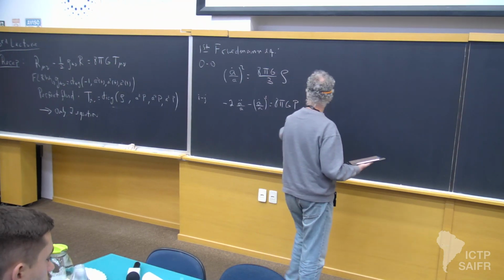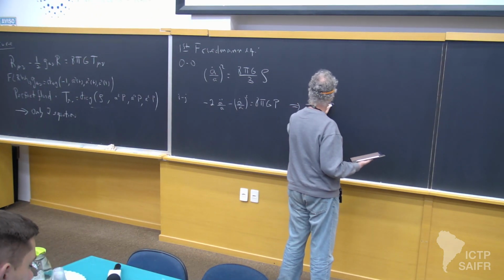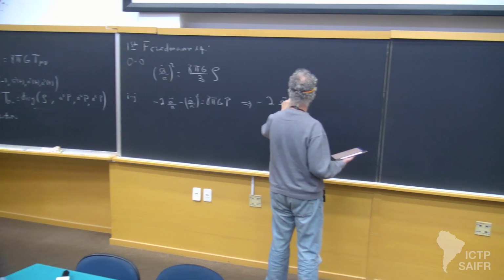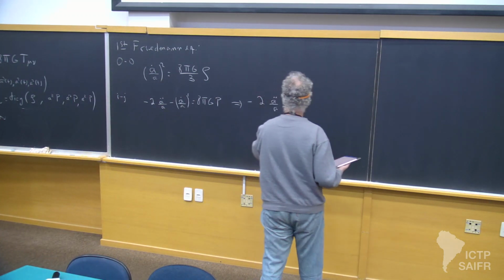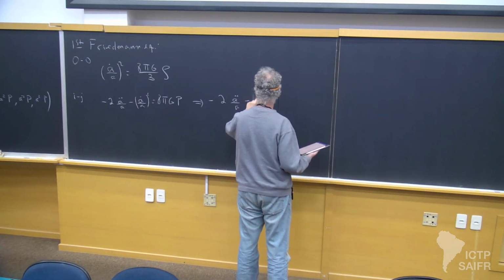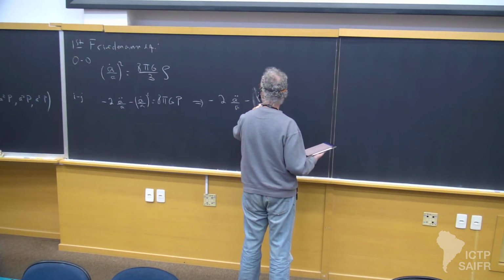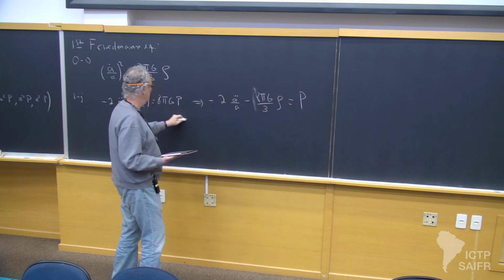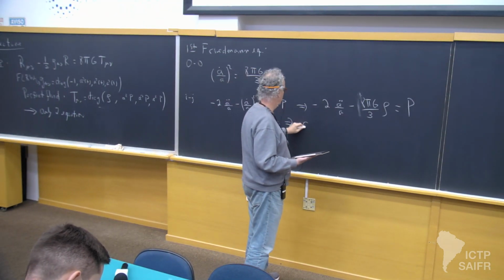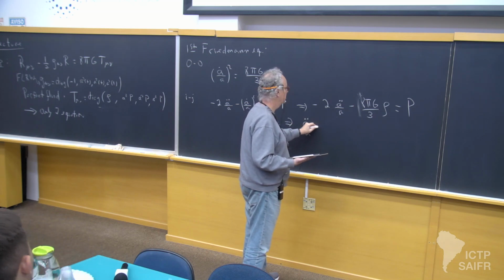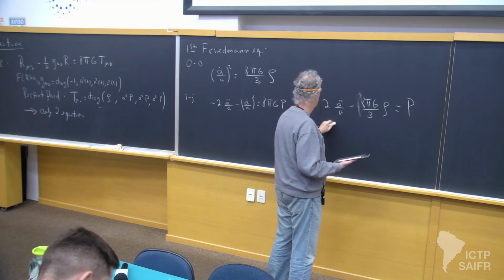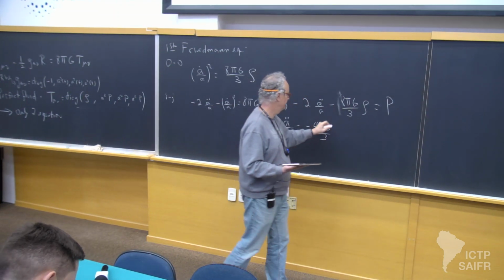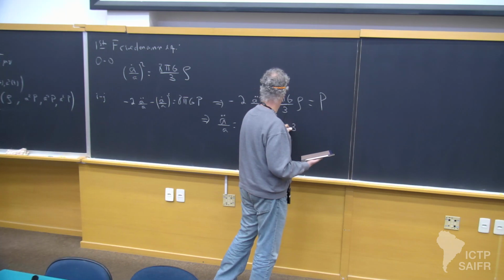So let's do this very quickly. This is minus 2 a double dot over a minus, and a dot over a square is just 8 pi G over 3 rho. That equals p. Now, if you solve for a double dot over a, what you get is minus 4 pi G over 3, because there's a 2 here, rho plus 3p.